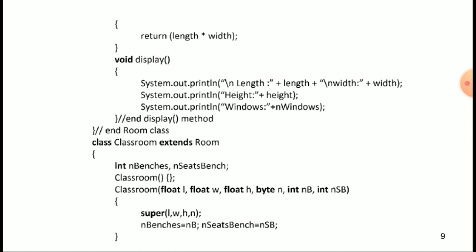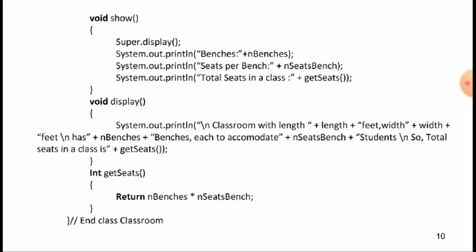Starting curly bracket, super(L, W, H, N), benches equals NB, and seats per bench equals NSB. Void show, starting curly bracket, super.display, System.out.println benches, System.out.println seats per bench, System.out.println total seats in class, end of the curly brackets.